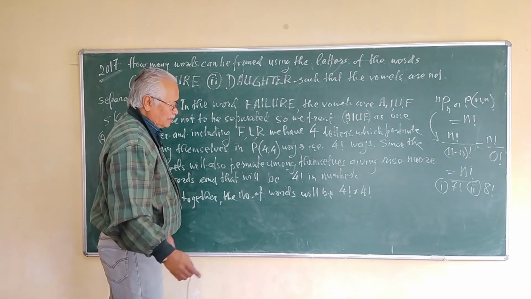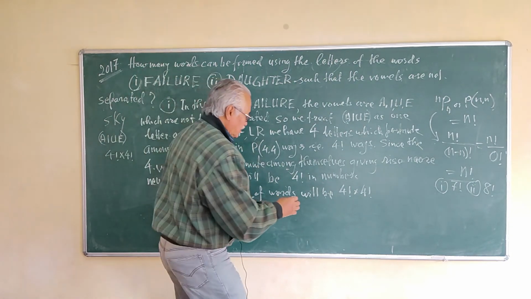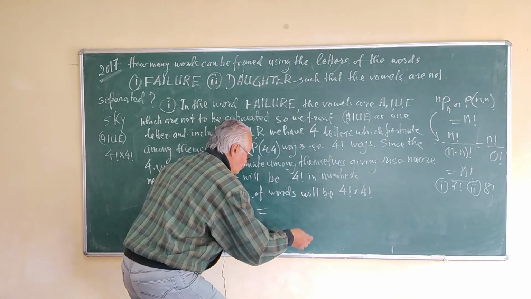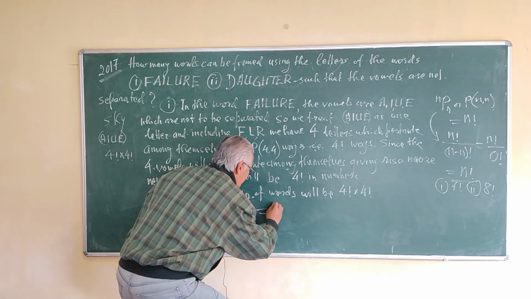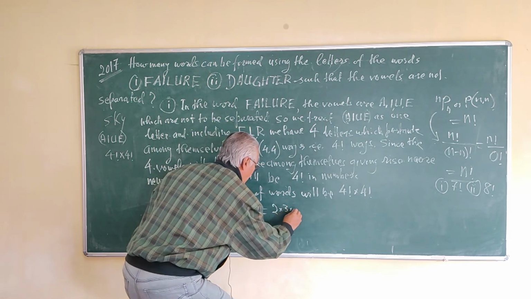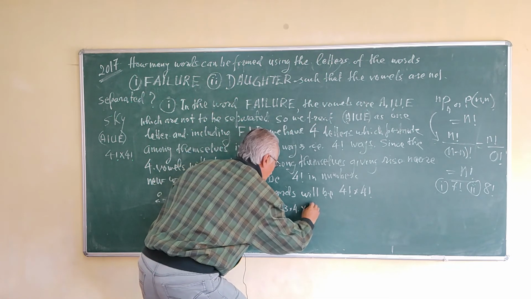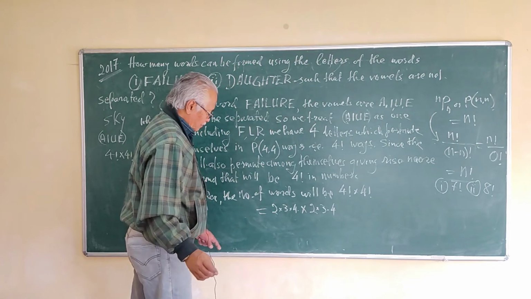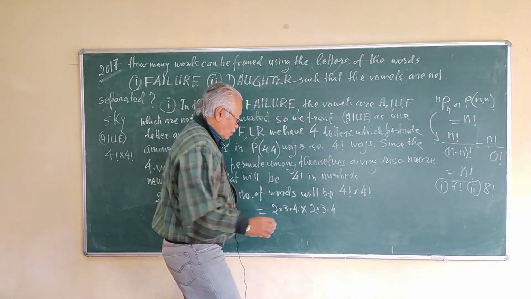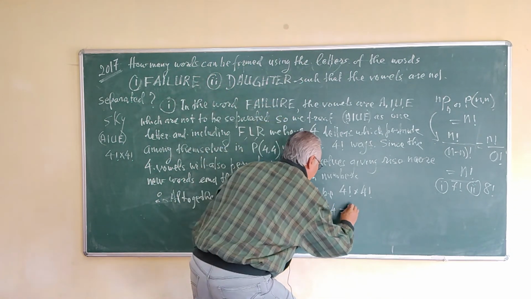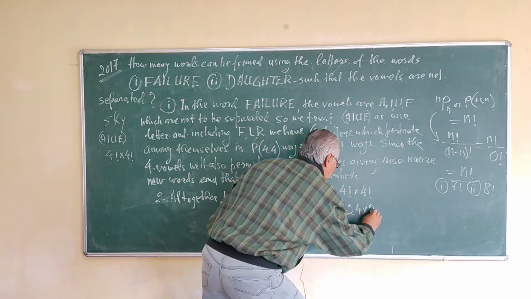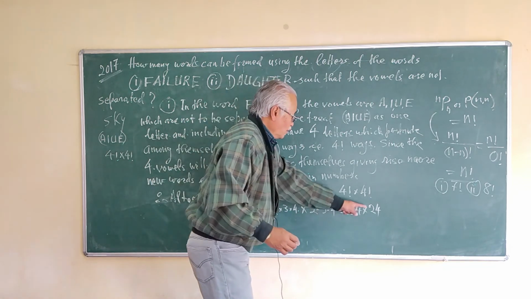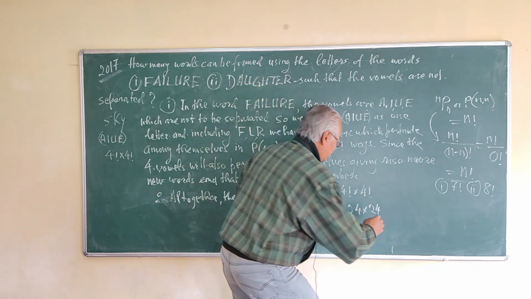So that will be how much? You can just do it. What is that equal to? 1 into 2 into 3 into 4. So 1 can be set aside. 2 into 3 into 4 multiplied by 2 into 3 into 4, right? That gives you 24 into 24. 2, 3 are 6, 4 are 24. 24 fours are, how much is that?